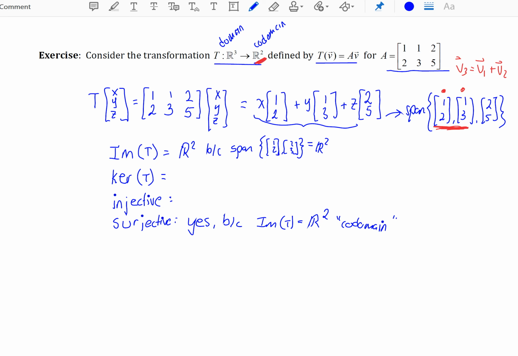Well, we probably even add to this now, what is our rank? Remember, our rank is the dimension of the image of T. Here, the dimension of our image, because we're talking about R2, is 2.